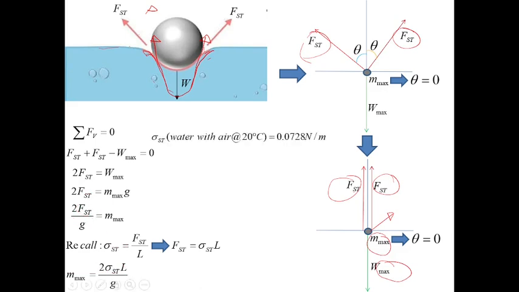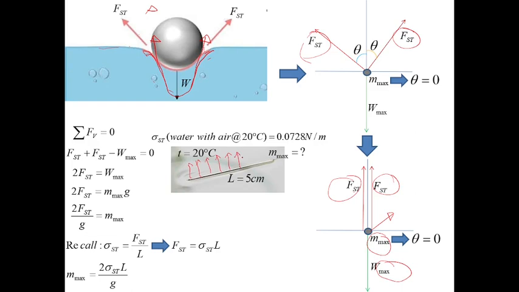So, surface tension, water with air at 20 degrees Celsius. This was mentioned in the problem, 0.0728 Newton per meter. So, yun yung given natin, so nagkakaroon ng certain mga forces. Okay?